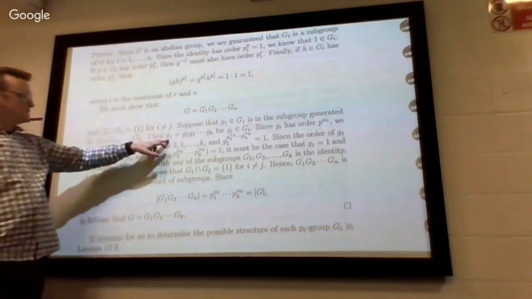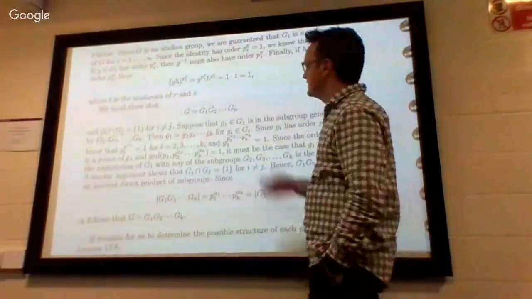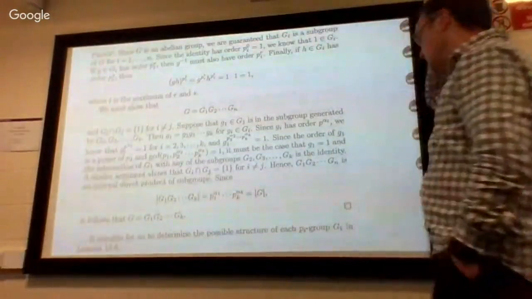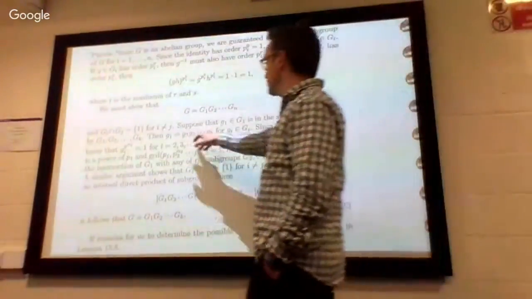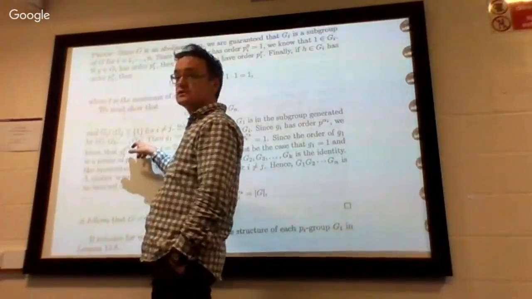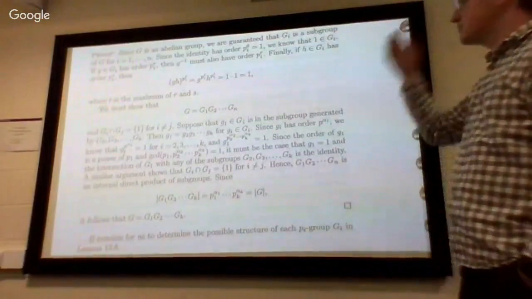That's telling us that this g1 is equal to a product g2 through to gk, where every little gi comes from primary component capital Gi. Because this is what an element generated by all these subsets would look like. Remember, it's abelian, so you can always move things around.